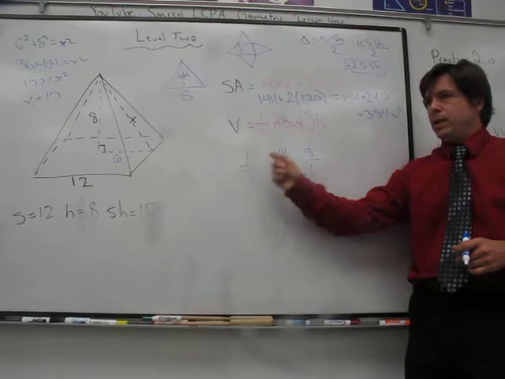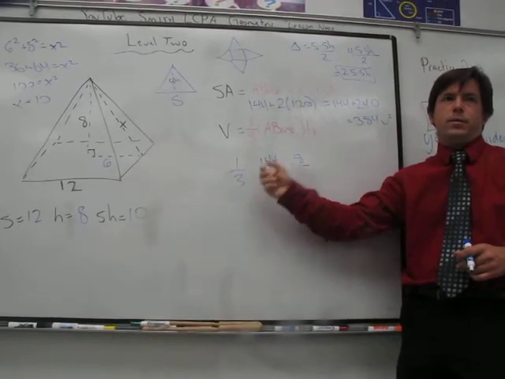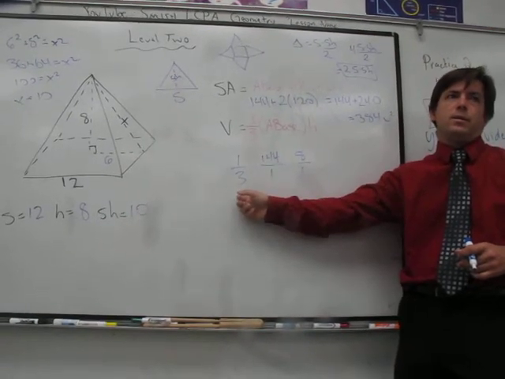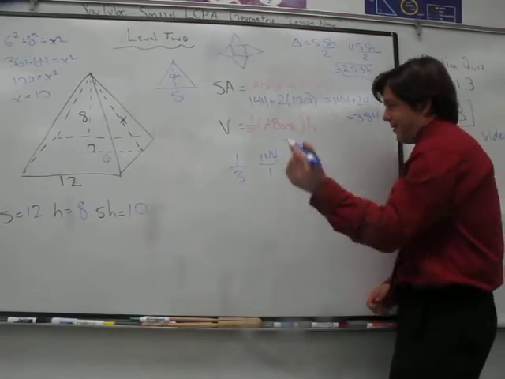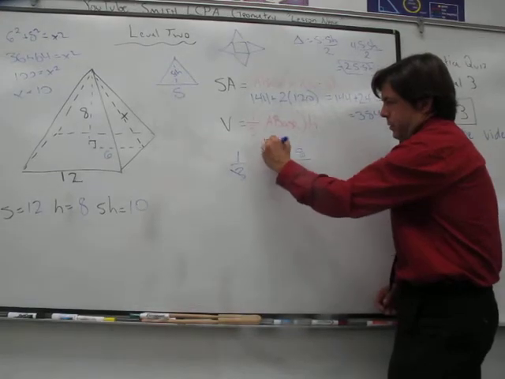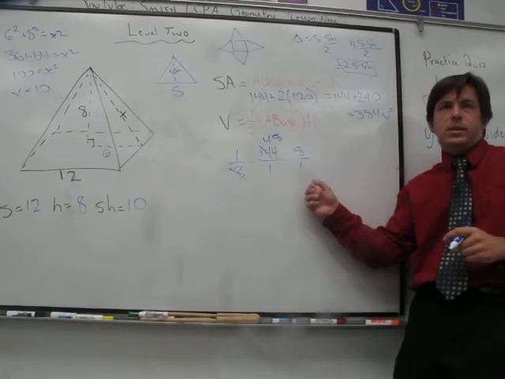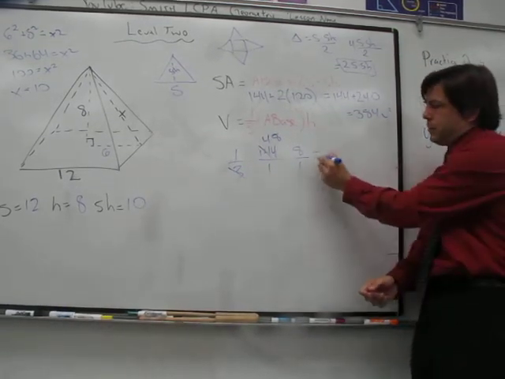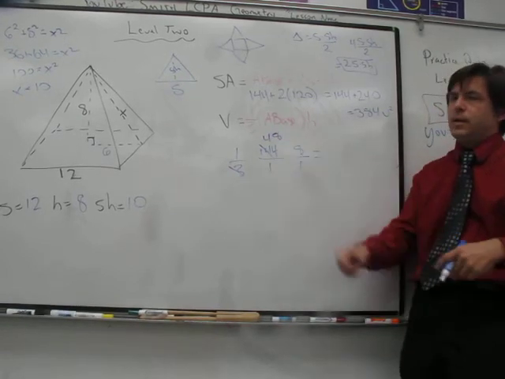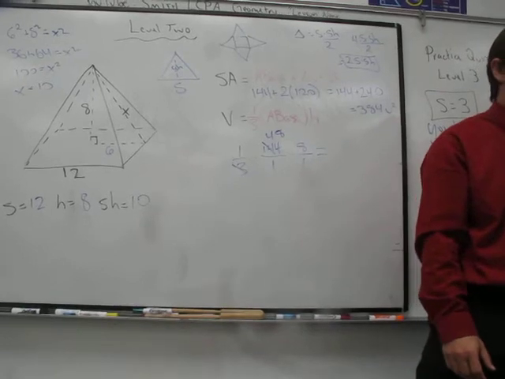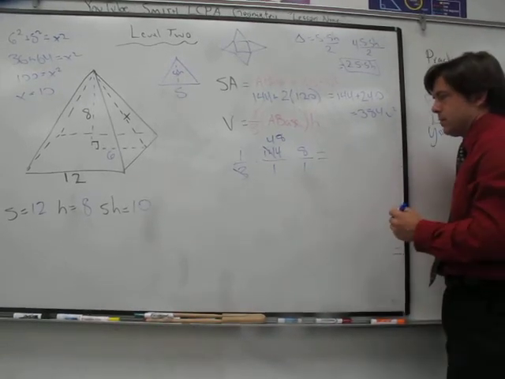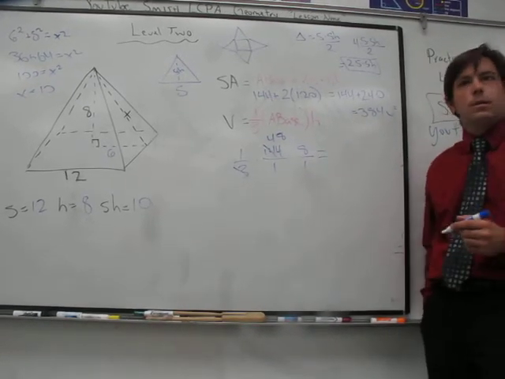How about the 3 and the 144? Does anyone know what 144 divided by 3 is? How about you? Do you know? I do. 48. You're right, good. 48, cool. Okay, that leaves all 1s on the bottom, so this process gets easier. 48 times 8 will be our volume. 384.